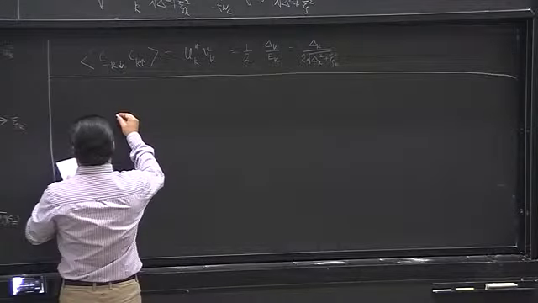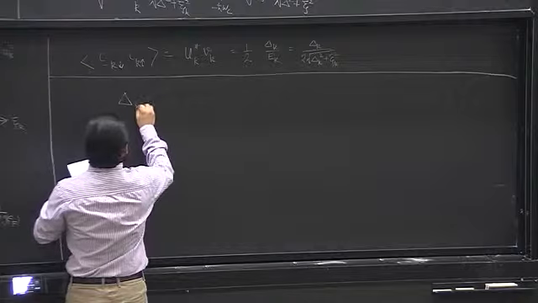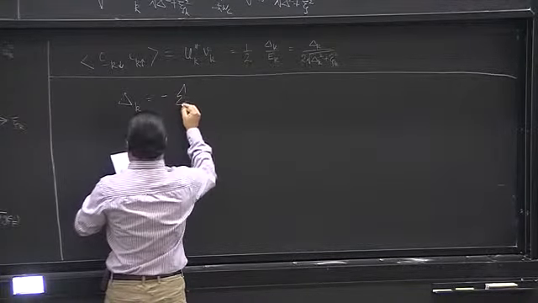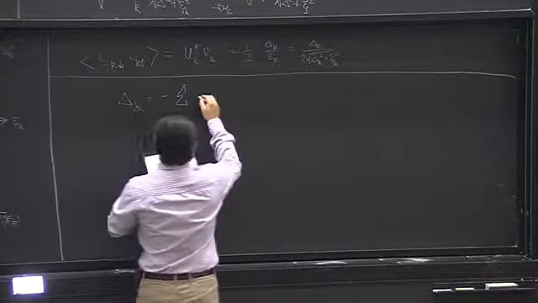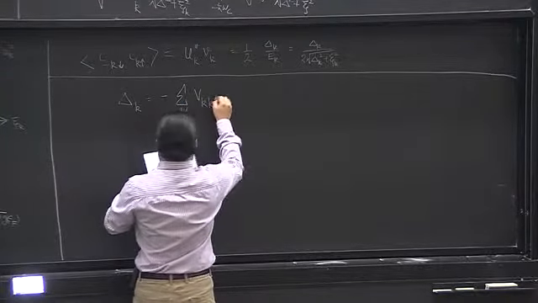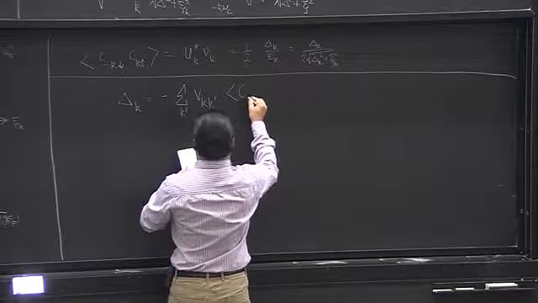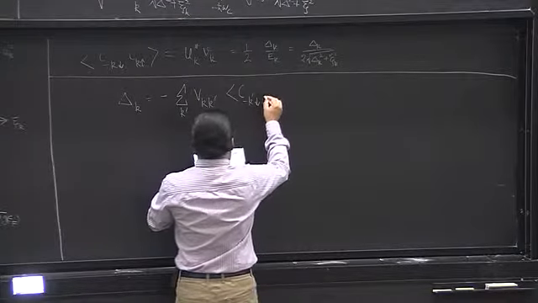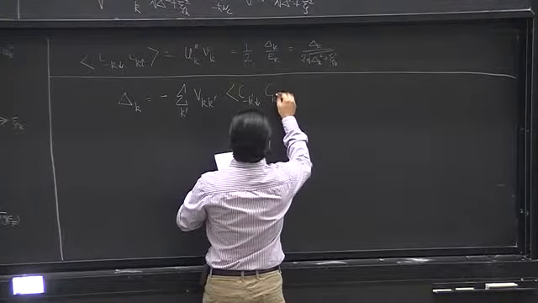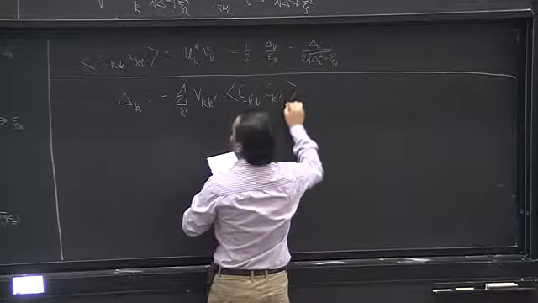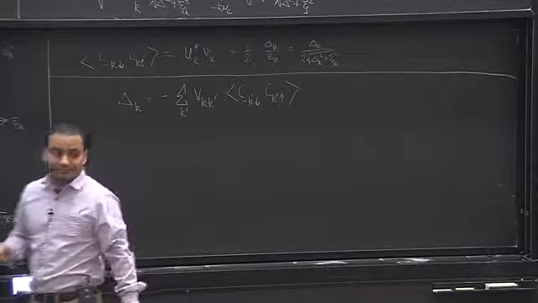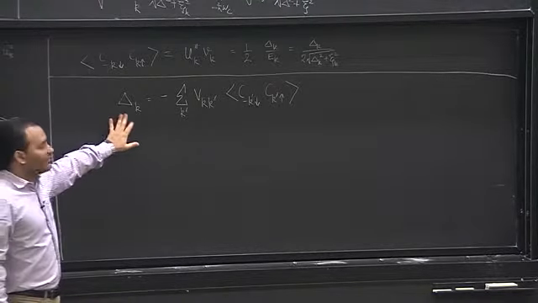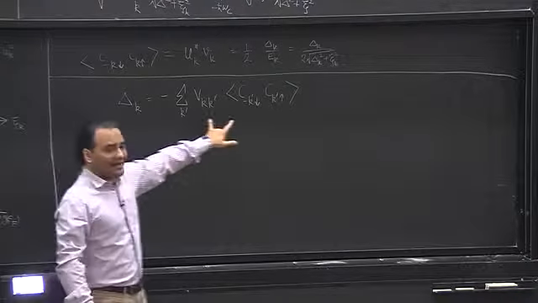So I'm going to define delta_k as my mean field, as the expectation value.